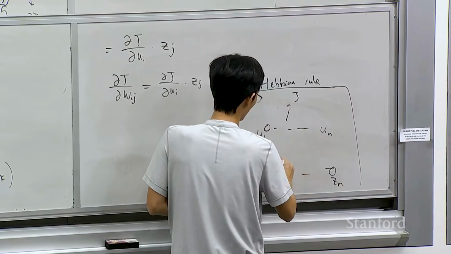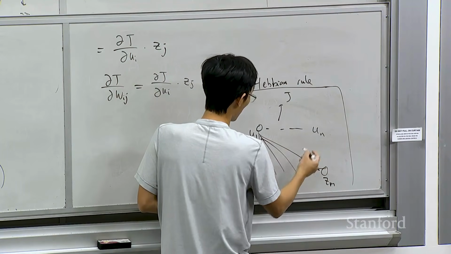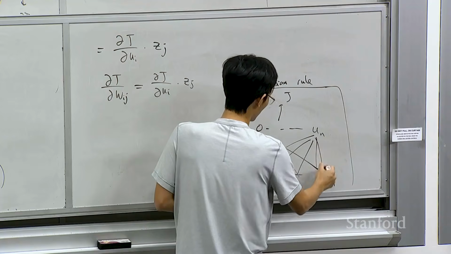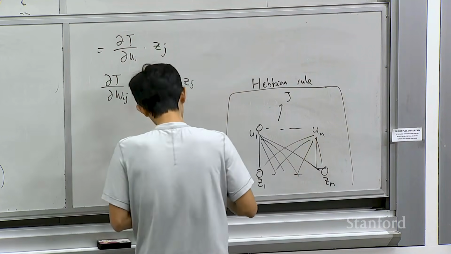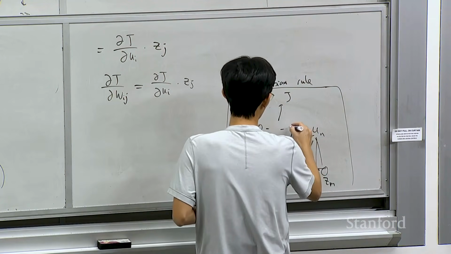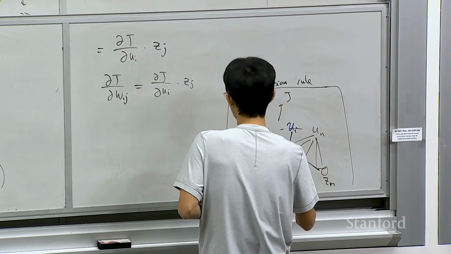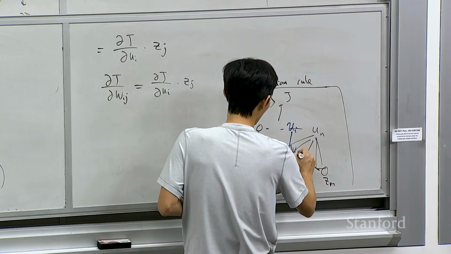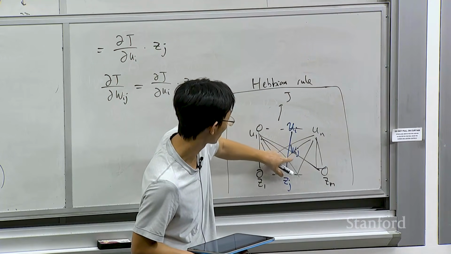This part is a matrix multiplication, and sometimes people draw it by the dependency graph. You have one edge, which is u_i, this is z_j, and this edge is W_ij. The weight on this edge is W_ij.